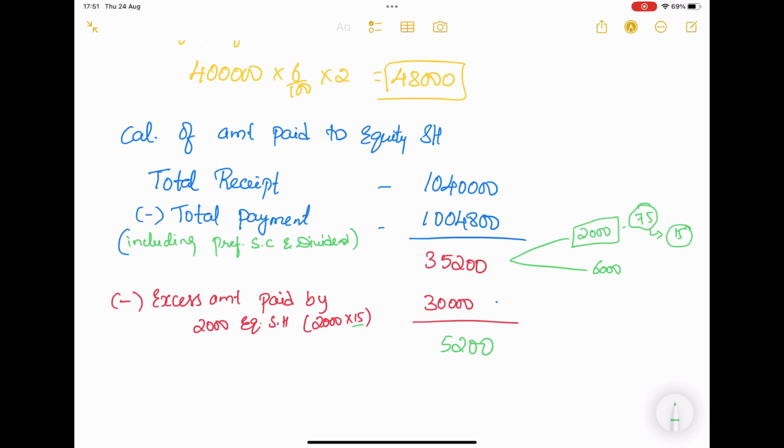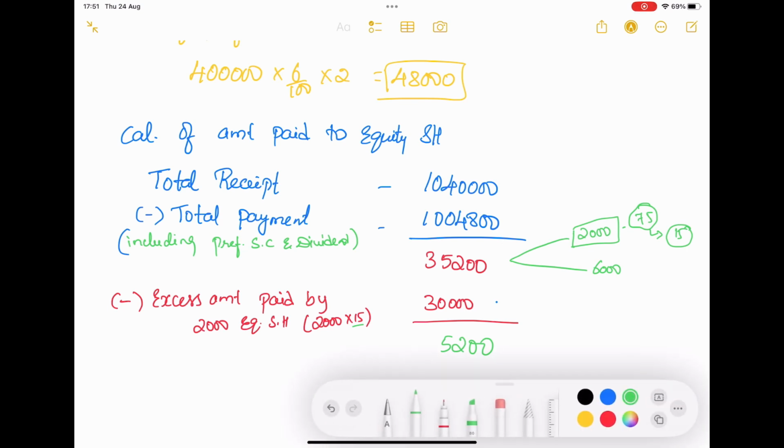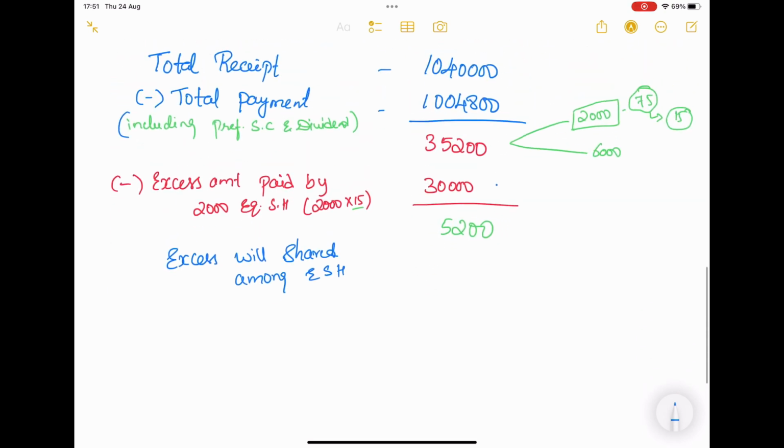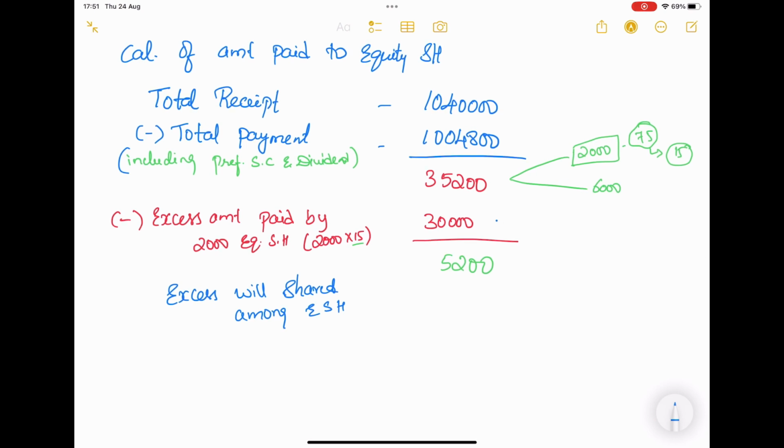This amount will be shared among the remaining shareholders on the basis of a ratio. The excess will be shared among the equity shareholders in the ratio of 2:6, nothing but 2,000 and 6,000.